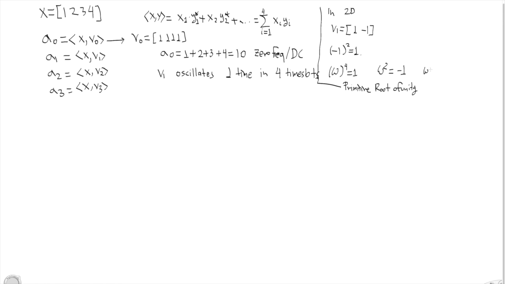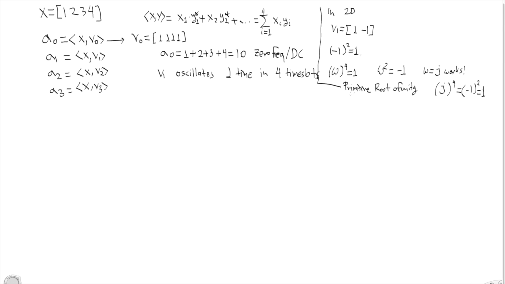So if I set w equal to j, this works, because j to the 4th power is indeed minus 1 squared, which is equal to 1. And the other thing to realize here is that there is no lower power that I can raise j to and still get 1.